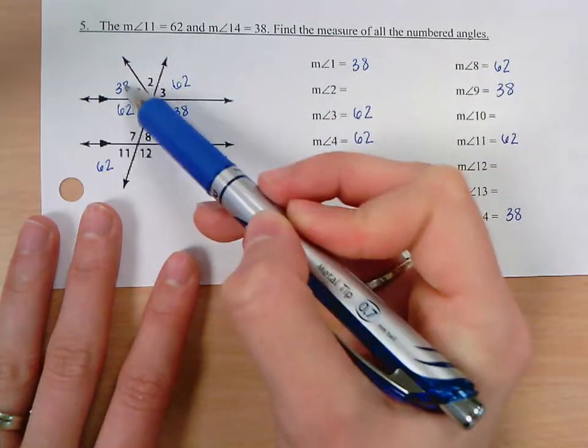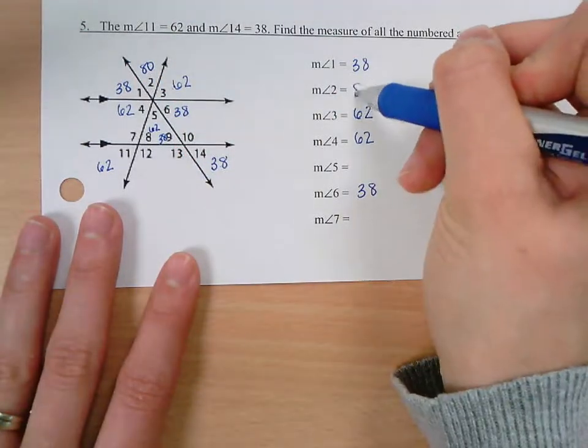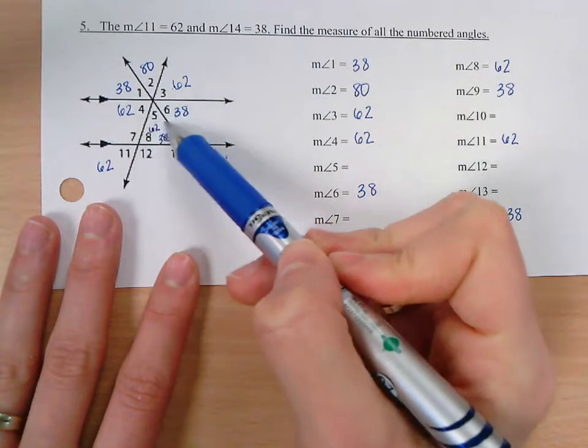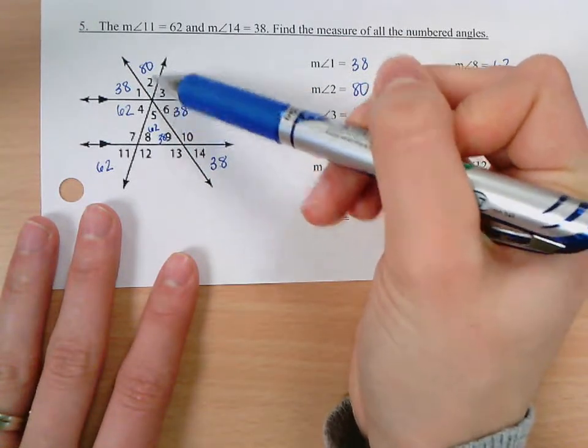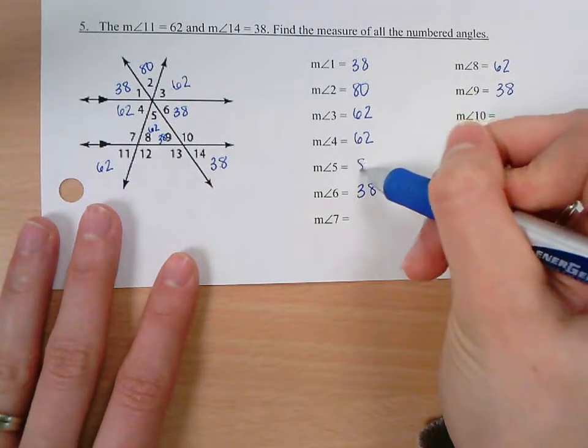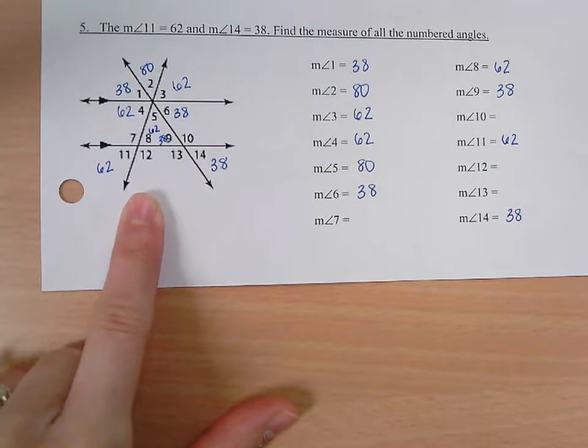So if you subtract these from 180, 2 then is 80. You could argue the same thing for 4, 5, and 6, or look, 2 and 5 are vertical. So 5 would also be 80.